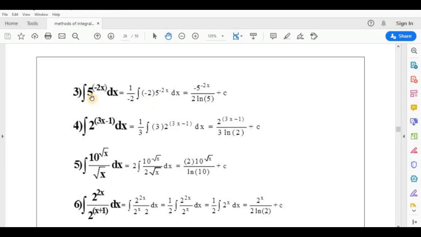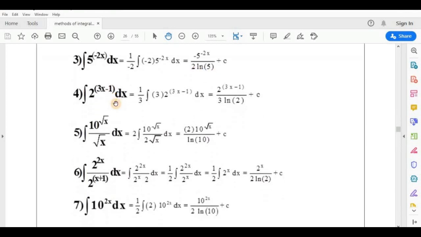So we put this 5 as it is, and divide by minus 2 ln 5. What is the derivative of this one? It is 3, so we multiply by 3 here and here, and the result of the integral will be the function as it is, divided by 3 ln 2, and don't forget the number 3.